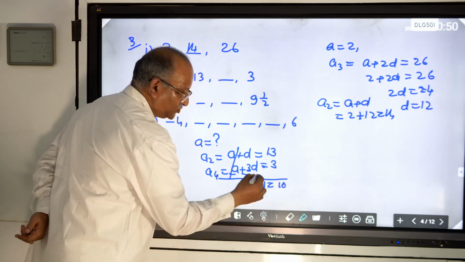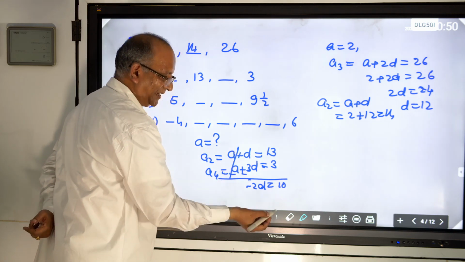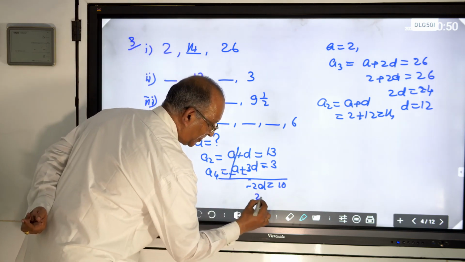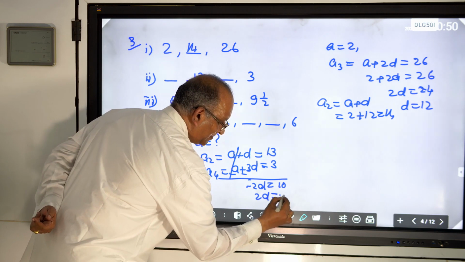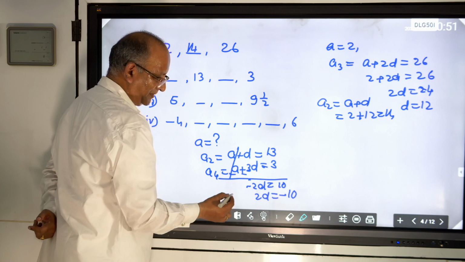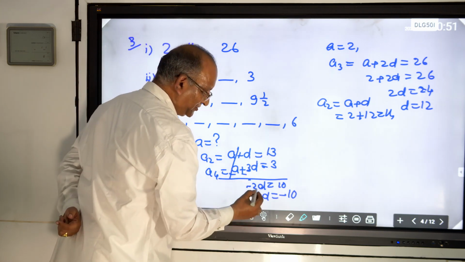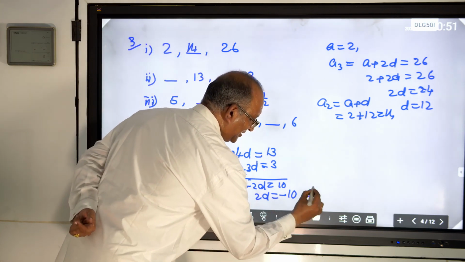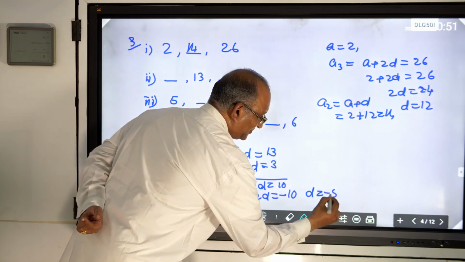So minus 2d is 10, so by multiplying the minus sign with both sides, it will become 2d equal to minus 10. Now if you divide by 2, you get d equal to minus 5.